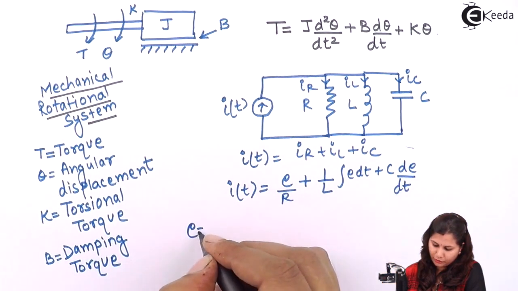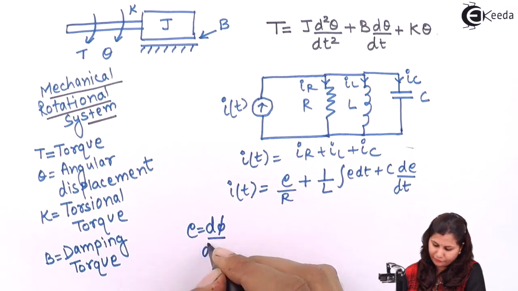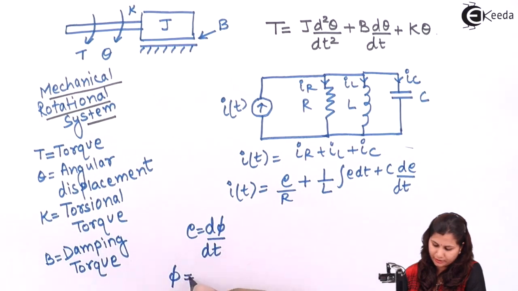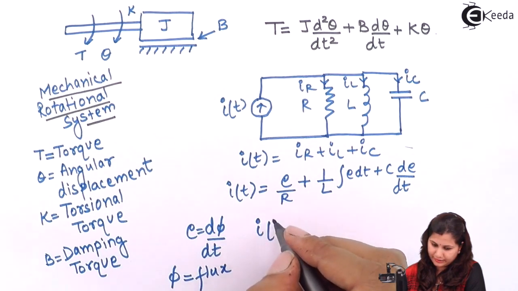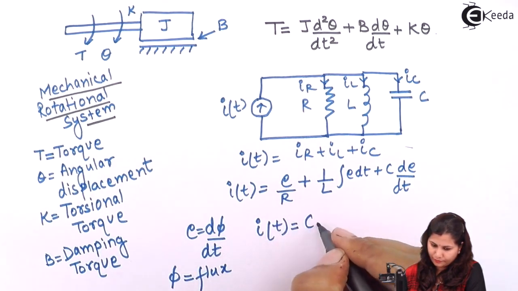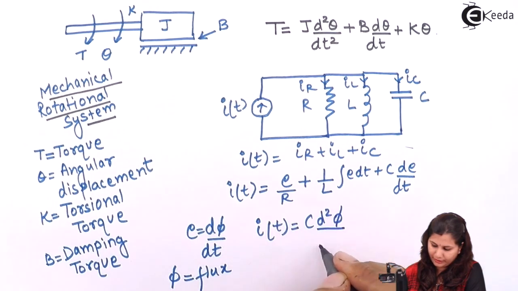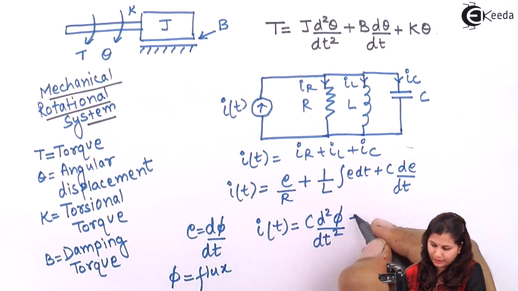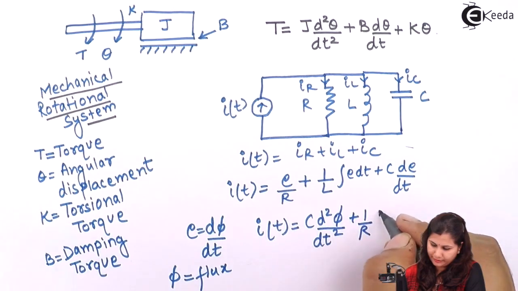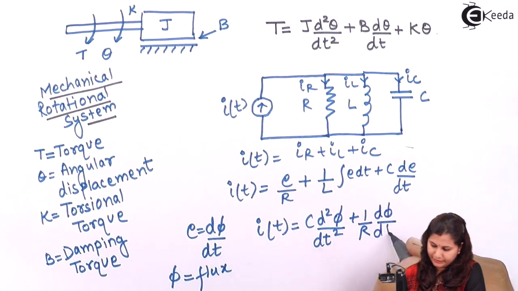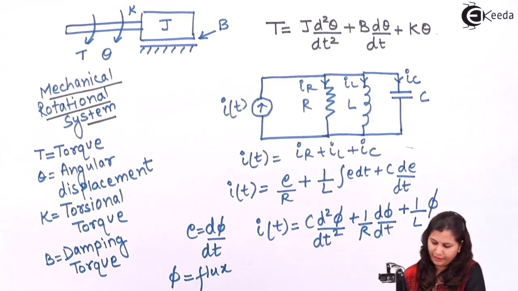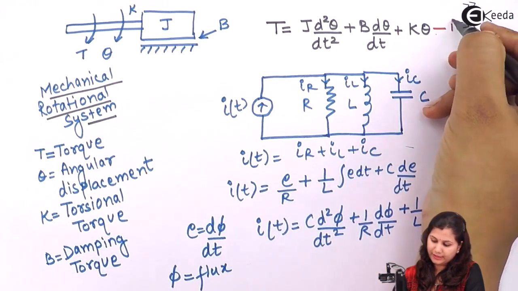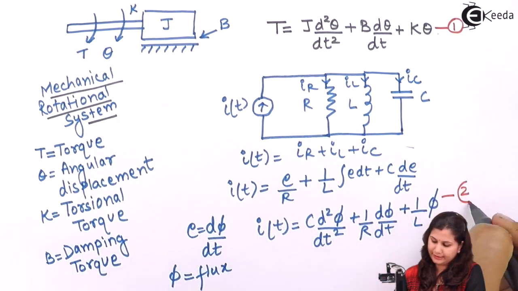Now putting E equals d phi by dt, where phi is the flux, we will have this equation as IT equals C d2 phi by dt square plus 1 by R d phi by dt plus 1 by L phi. So we have these two equations, first is this and second is this.